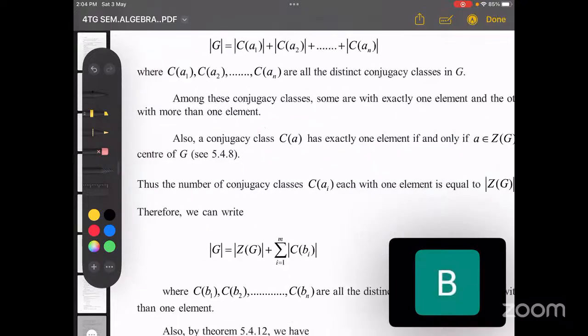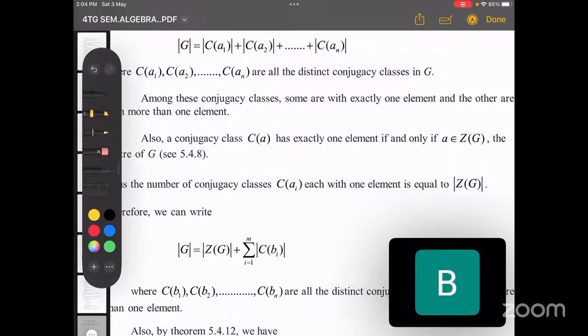Also, a conjugacy class C of A has exactly one element if and only if A belongs to Z of G, the center of G. By the definition of the center, here we can see theorem 5.4.8. With the help of that theorem, we can say that the number of conjugacy classes C of Ai, each with one element, is equal to the order of Z of G.